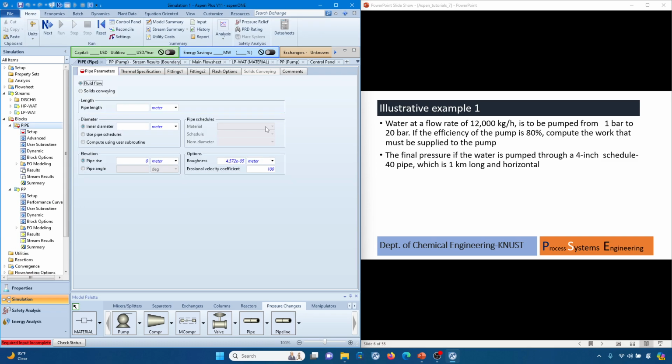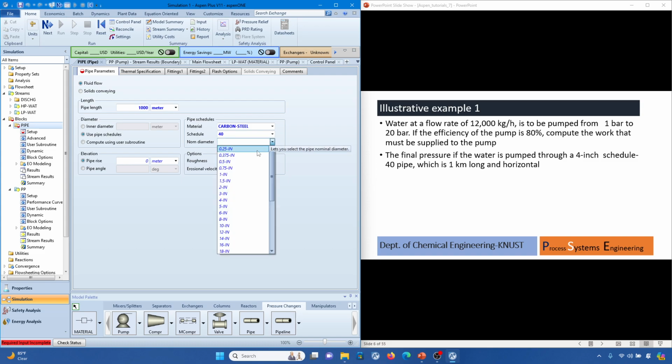So we go to our pipe specifications, the length of the pipe, which is 1 kilometer. And now we choose to use the pipe schedule, and choose carbon steel. The schedule is 40 according to the problem, and the nominal diameter is 4 inches.